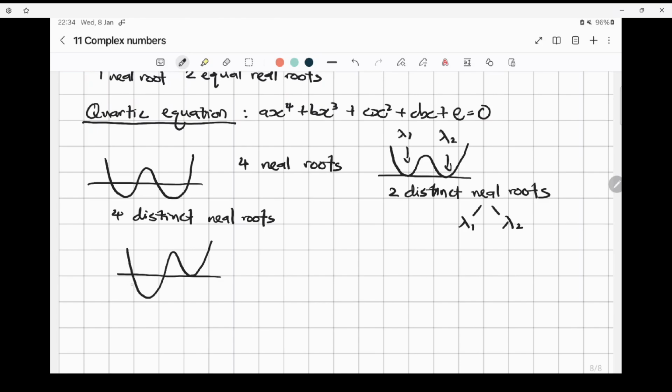So then you have 3 distinct roots. So let's say this is lambda 1, this is lambda 2, and lambda 3 equals to lambda 4. So 2 of them are equal, the other 2 will be different. So there are a lot of possible configurations. So in this case, you just state that there are 4 real roots.